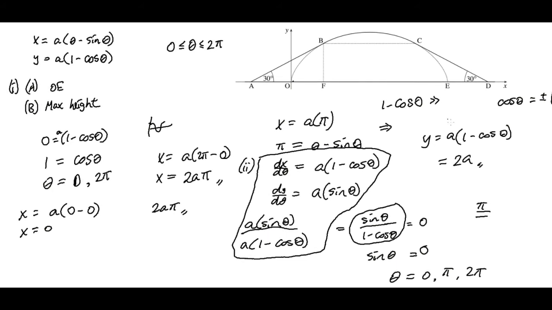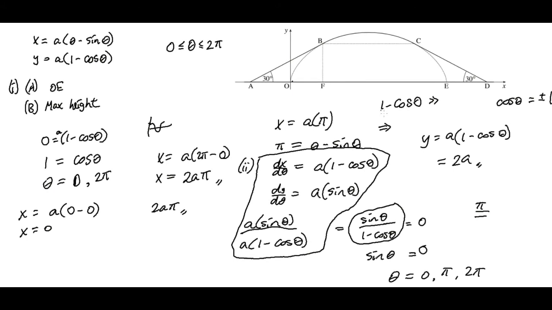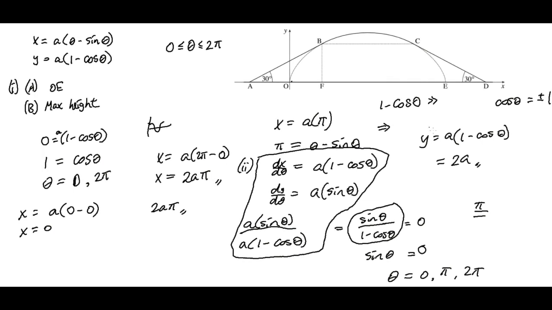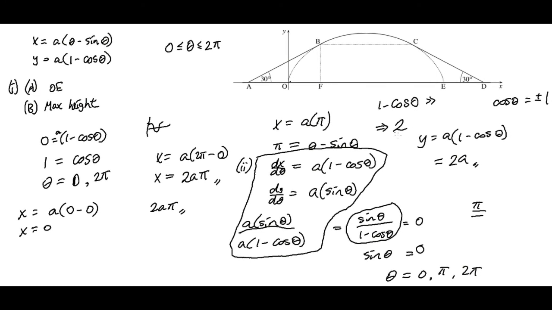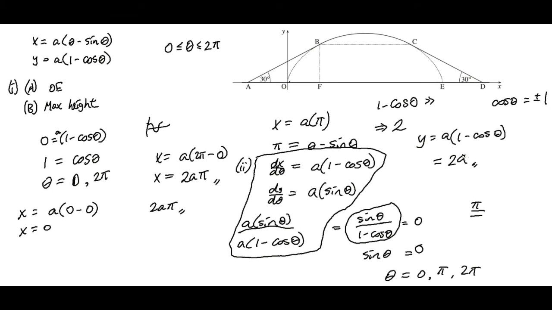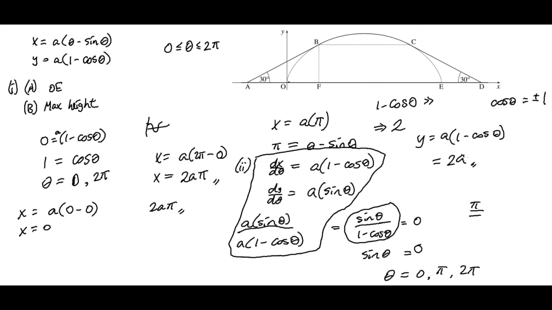If it is +1, then it will be a 0 value, so it's not +1. It has to be -1 then. If it's -1, you get 2, and therefore by putting this 1 minus cos theta equals 2 into the equation, you get 2a as well. So that should be the one that they're aiming for, but I went the long route because I just can't think of it at the moment.